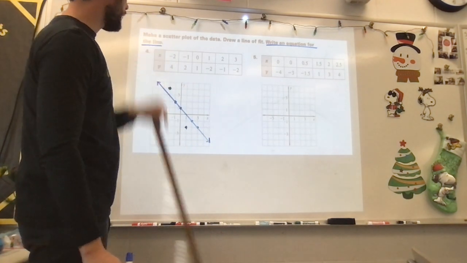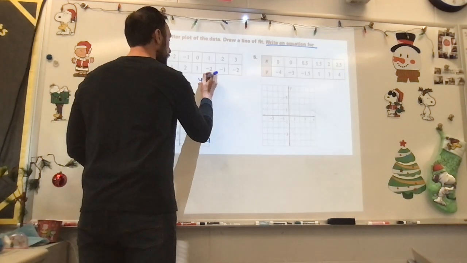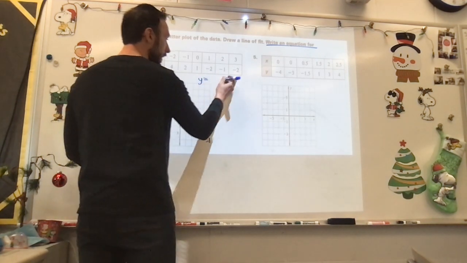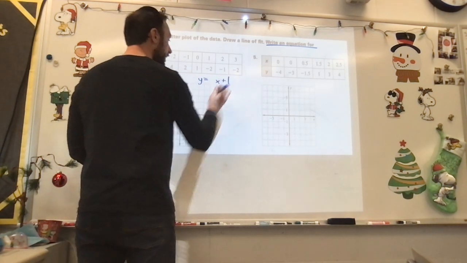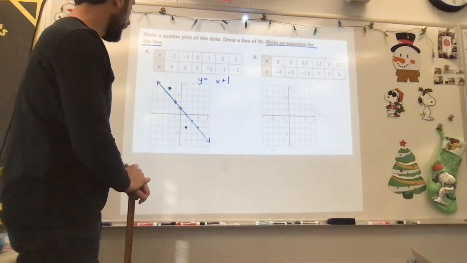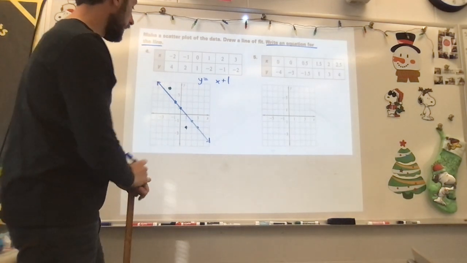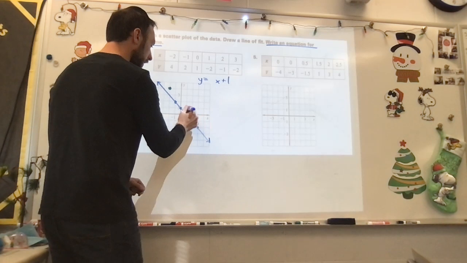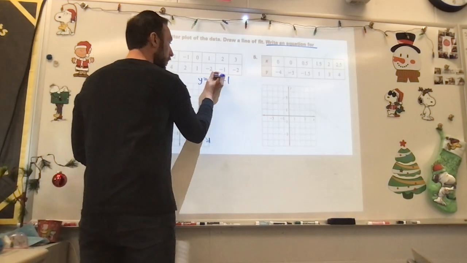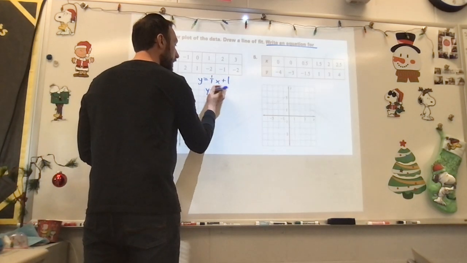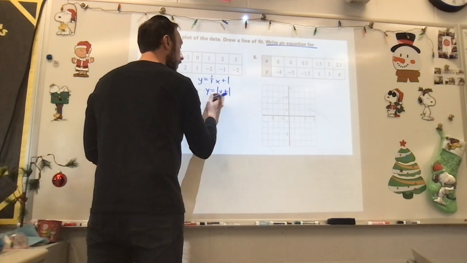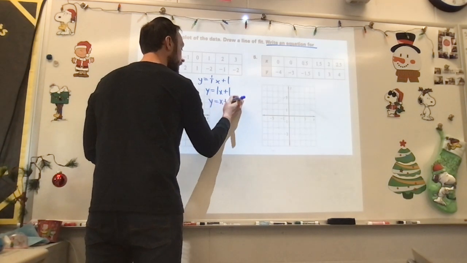If I need to write an equation for that line, it'd be y equals, well, we know it crosses at +1. So all I have left to do is find the slope. If we look at some points, up 1 over 1, up 1 over 1, up 1 over 1, it looks like our slope would be 1 over 1, so y equals 1x plus 1, or y equals x plus 1.